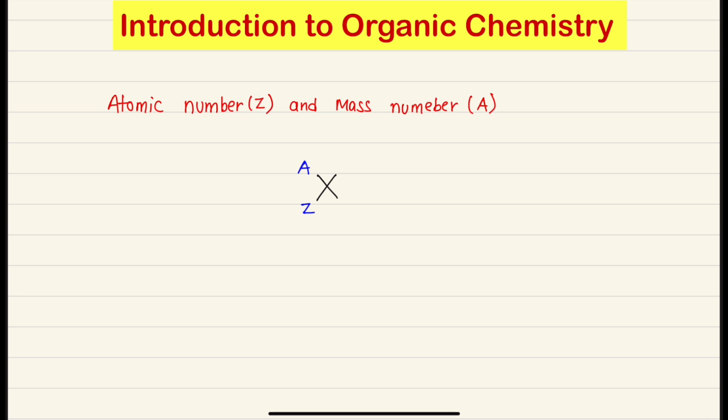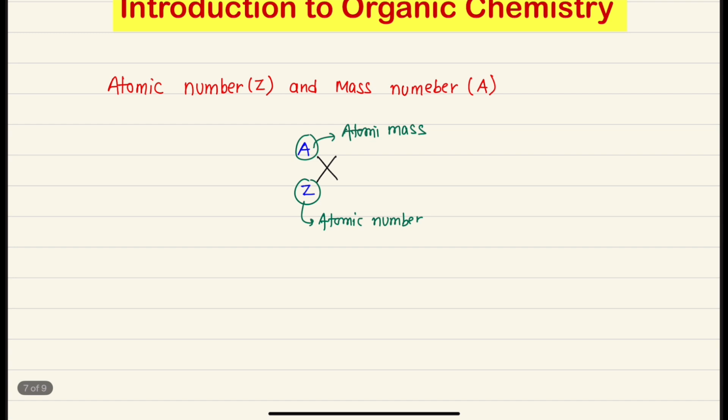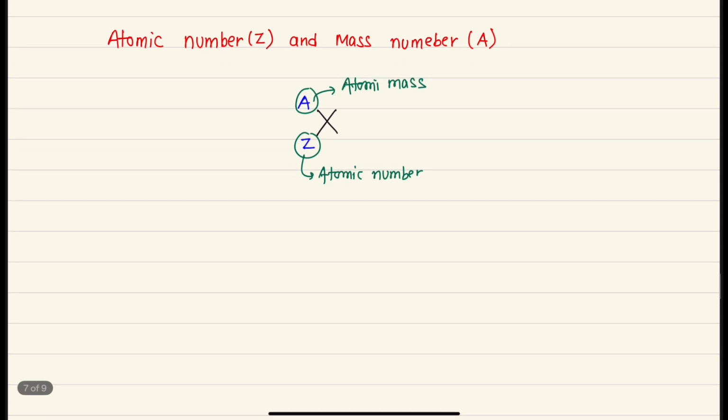So let me write here, this Z is called atomic number, and this A is called atomic mass. Now, first point, what is called atomic number?